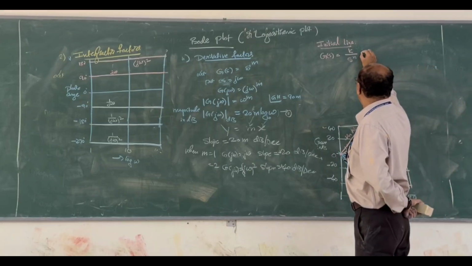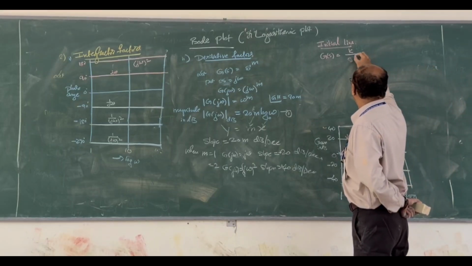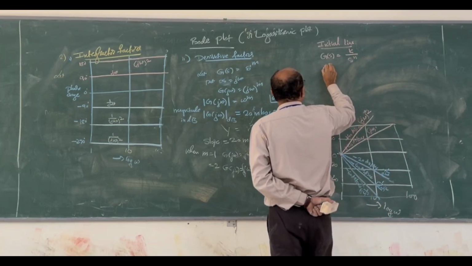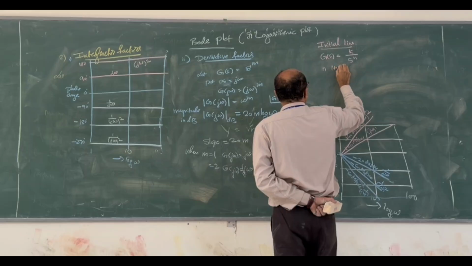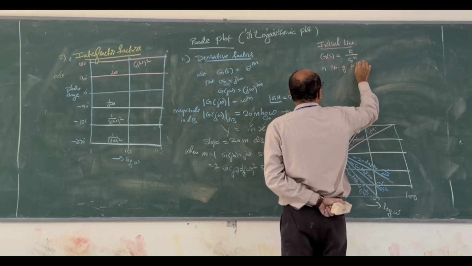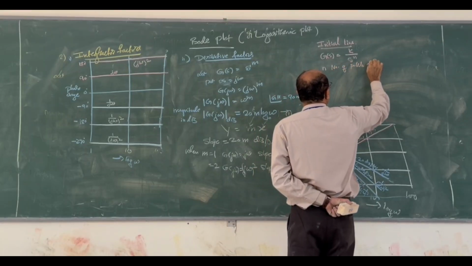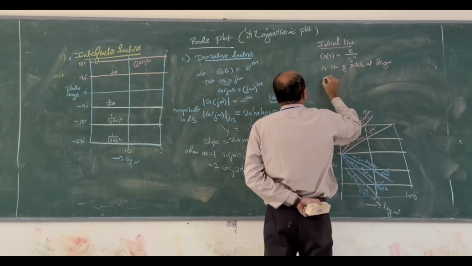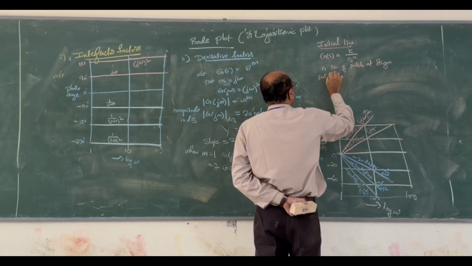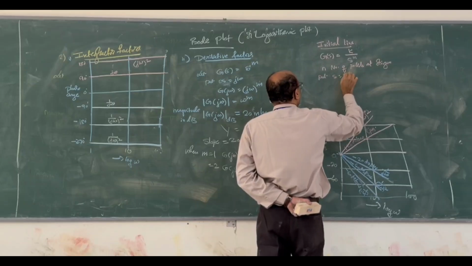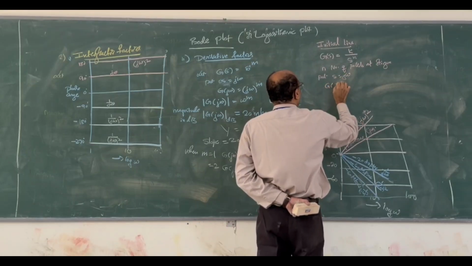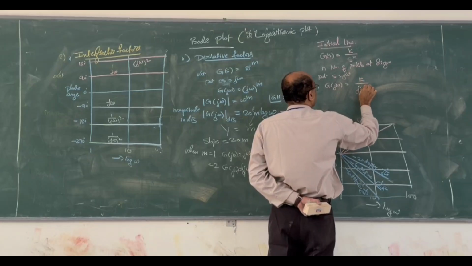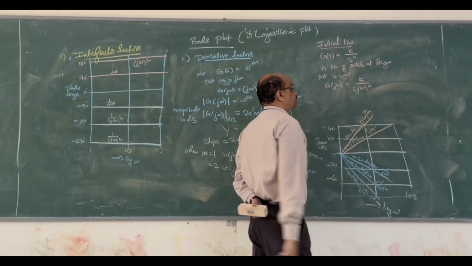So if n number of poles are at origin, put s equal to j omega, G of j omega equals K by (j omega) to the power of n.